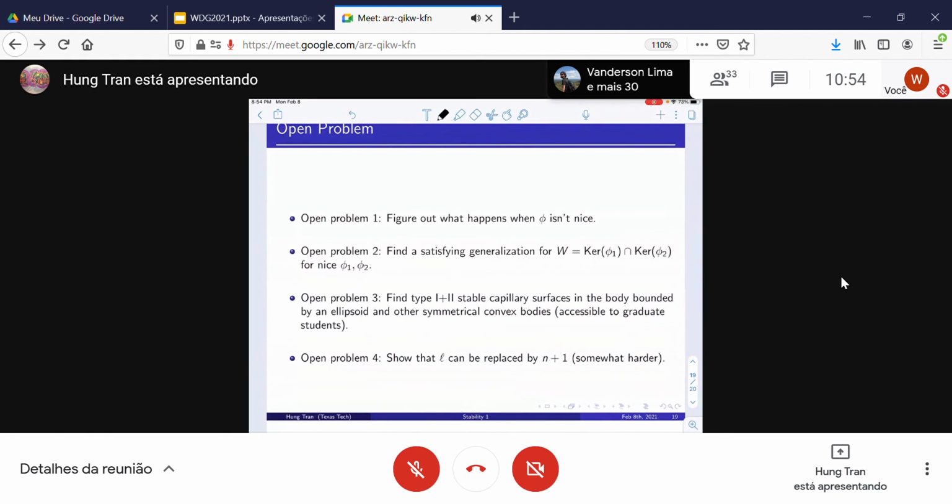We can replace L by some fixed number, and that would be an analogy to some theorem about minimal surfaces. So these are some open problems that are actually very interesting.